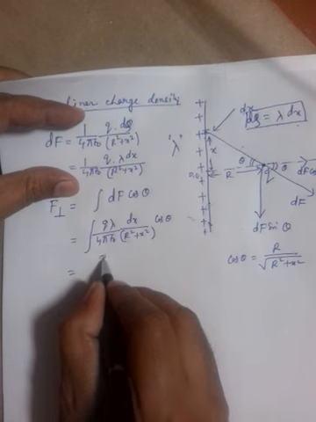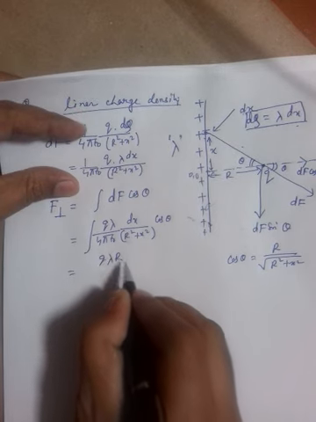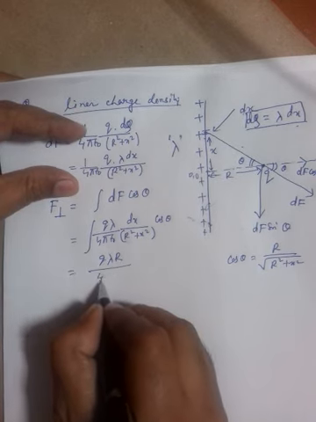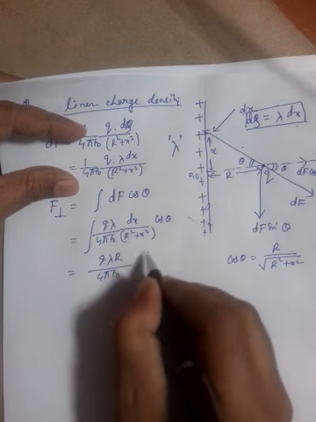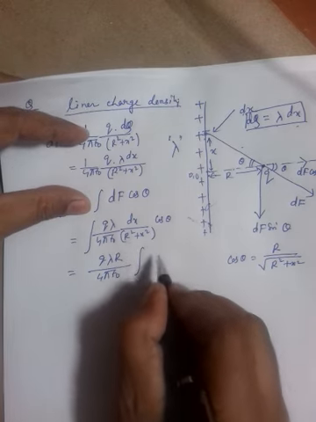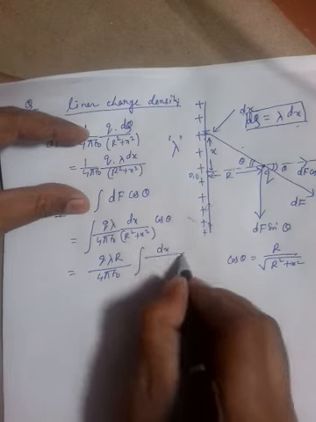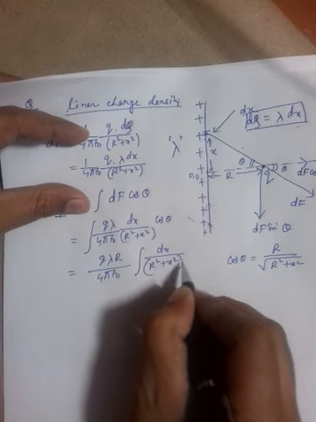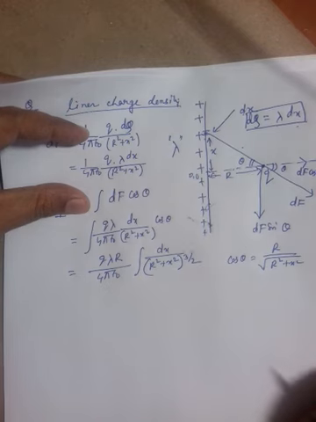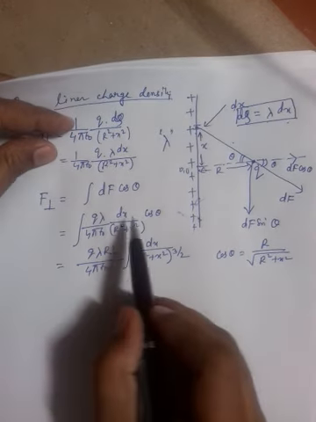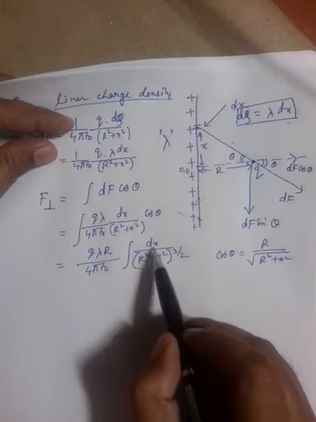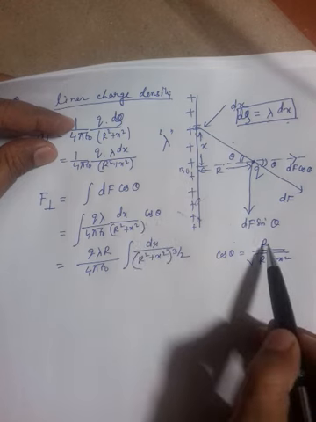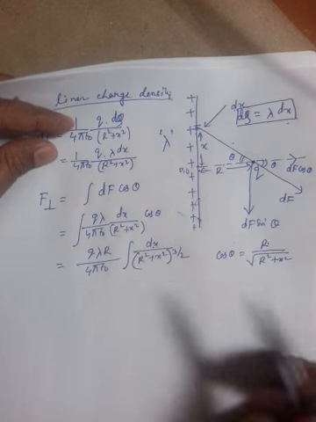So in that way, qλr/(4πε₀) times the integration of dx divided by (r² + x²) to the power 3/2. Here dx is the variable, and r is a constant, so it is kept outside.